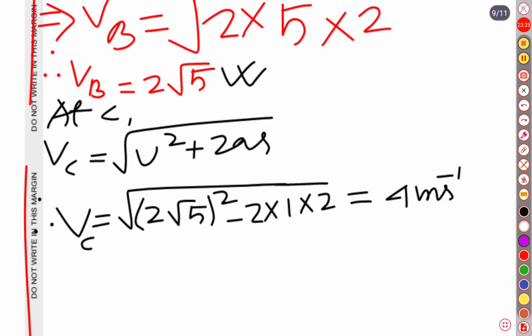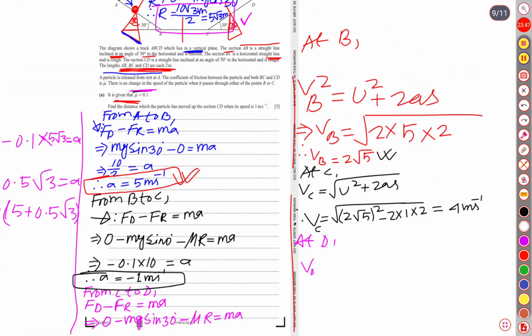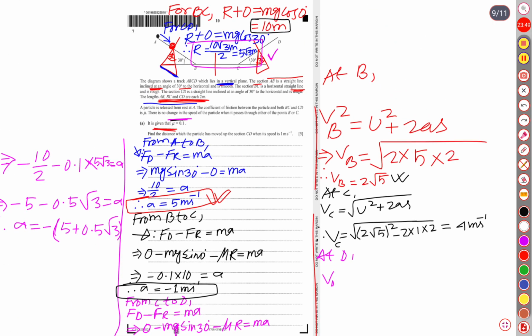At D, the same concept. V squared is equal to, V at D, not D. It was actually that the particle didn't reach D yet. We may write a different point over here.